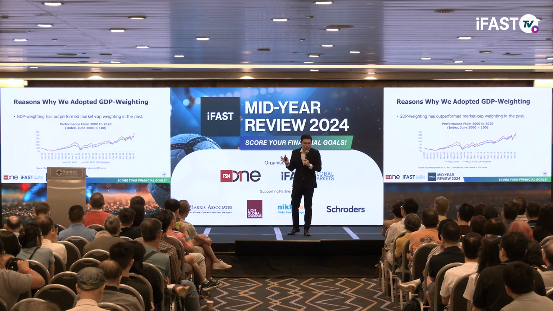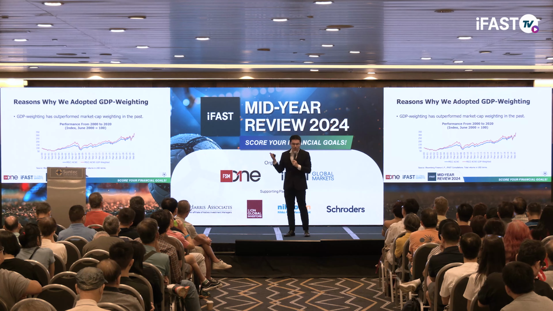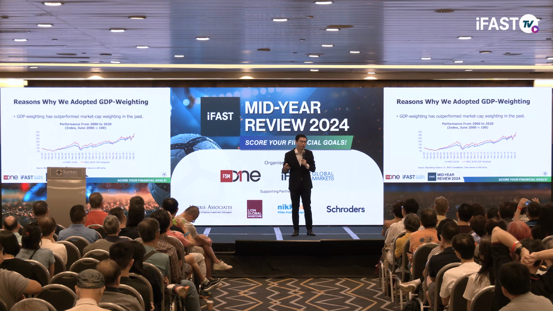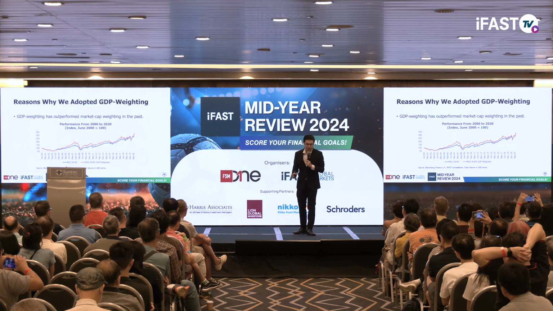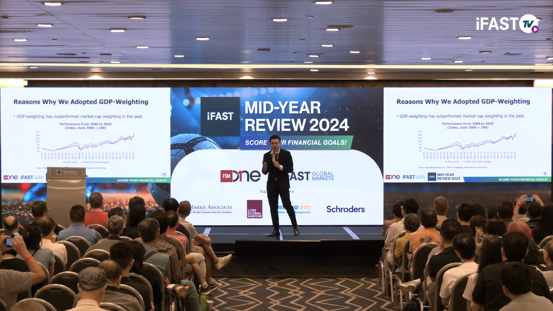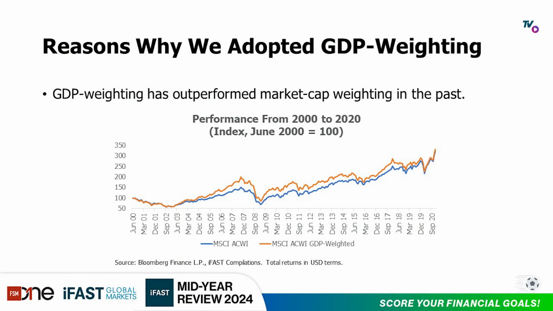And another reason why we adopted GDP weighting is because it works. We are not changing our methodology right now because GDP weighting is flawed right from the start. It is not. In fact, there is evidence that GDP weighting has outperformed market cap weighting in the past. And I have included a performance comparison between the market cap weighted MSCI AC World Index as well as the GDP weighted version.